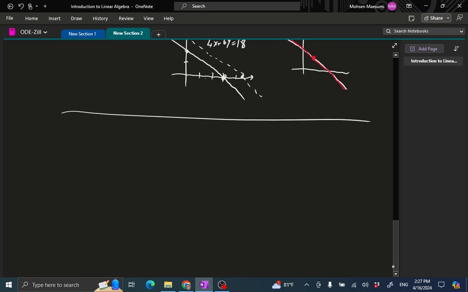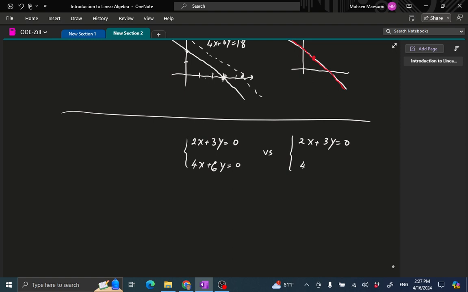Suppose I take, let's say, 2x plus 3y is equal to 0, and then 4x plus 6y is equal to 0. And this one versus, suppose I take 2x plus 3y is equal to 0, and then 4x plus, say, 7y is equal to 0.